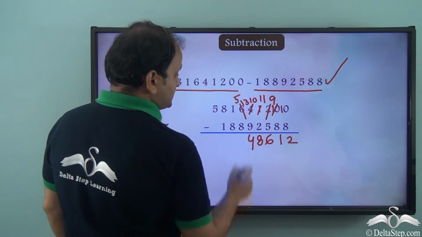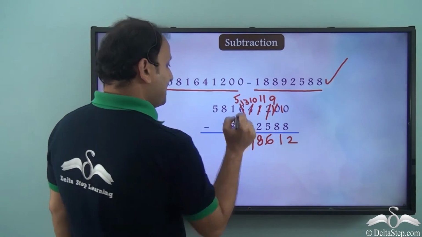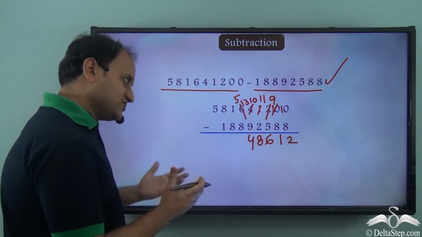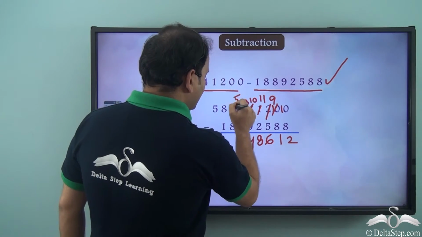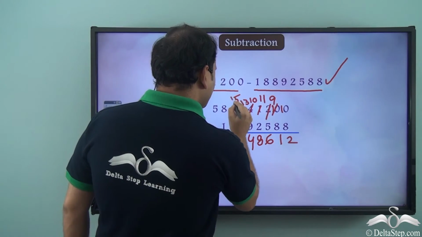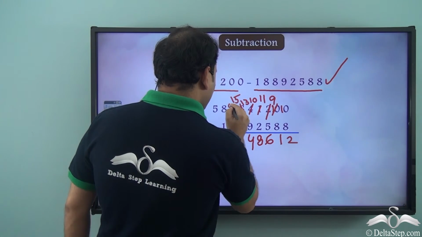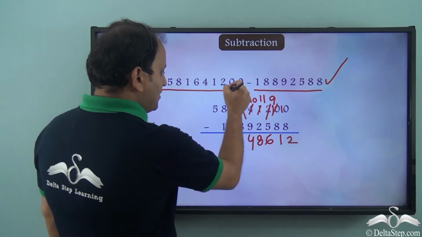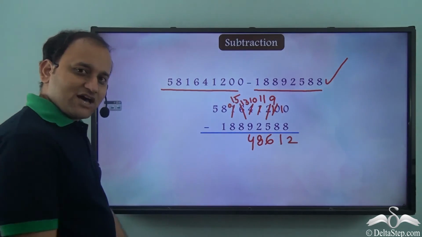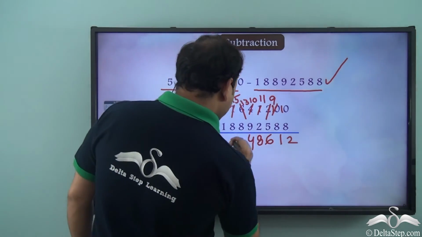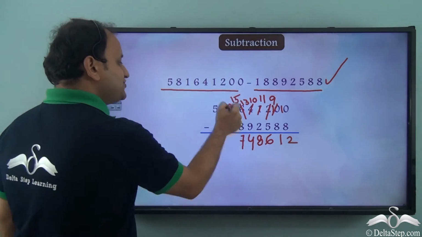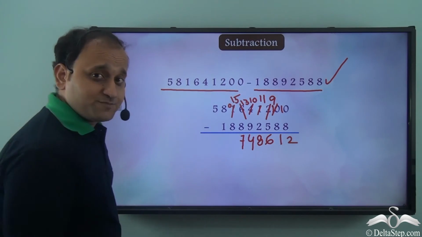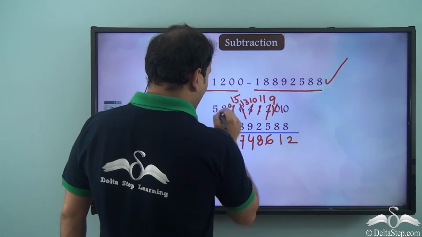Now let's come to this number again. We have 5 minus 8, which is again not possible. So we'll take 1 from here, that is borrow 1 from here. This will become 15 and this will become 0. Now 15 minus 8 is how much? 15 minus 8 is 7. Now we have 0 minus 8, which is again not possible. So it will borrow 1 from 8.